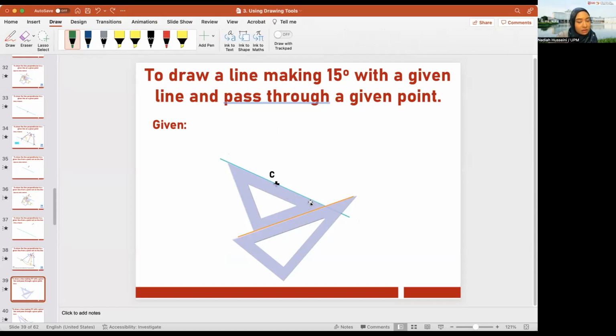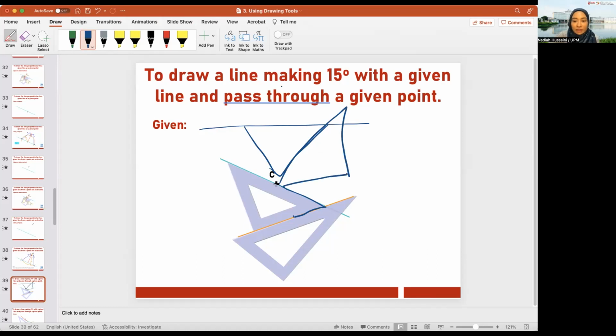It's a 45-degree triangle, right? So if I am asking about this angle, what should it be? Okay, let me draw again. This is our turquoise line, even though it's blue. I put my 45 degree with, what was it, 60. Okay, like this. Just close your eyes.